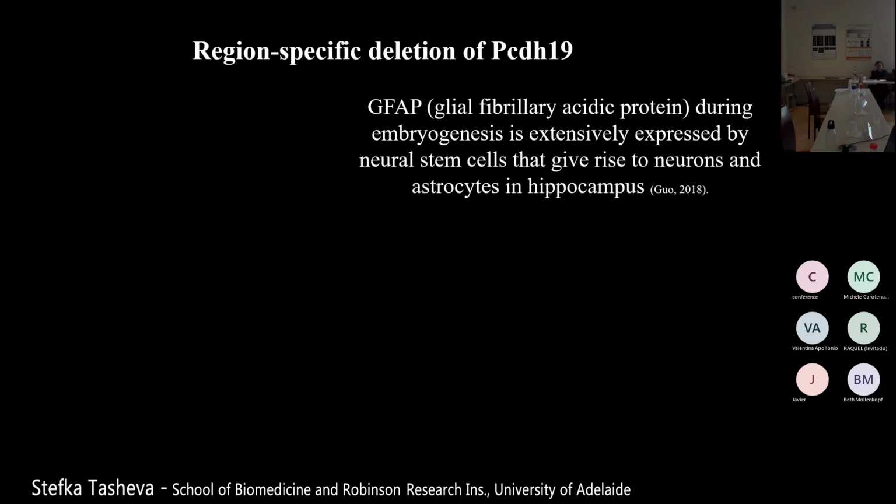So I'm going to jump to the next part, which is region-specific deletion of PCDH19, which is also quite interesting because what we found in the literature is that the general astrocyte marker GFAP, as you probably know, during early neurogenesis is highly expressed in the neuronal stem cells that give rise to hippocampal astrocytes and neurons as well.